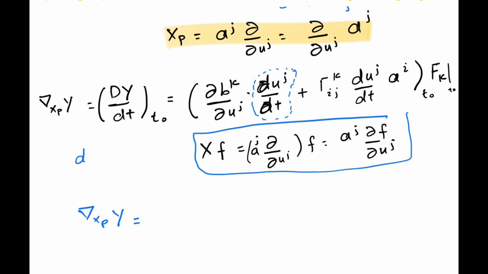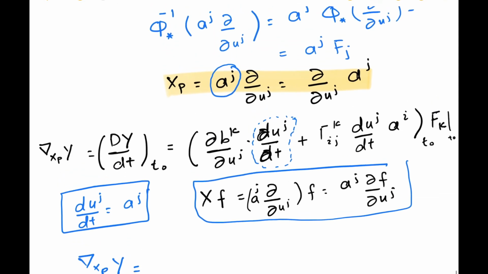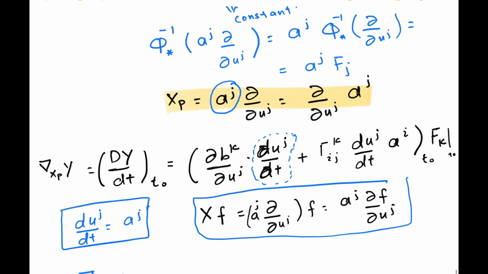So I need to write it here. Duj by dt is actually aj. This aj is coming from the differentiation of the curve, so this aj becomes duj by dt.